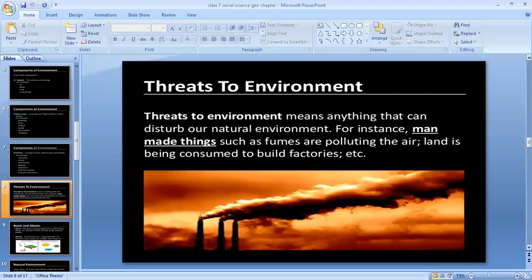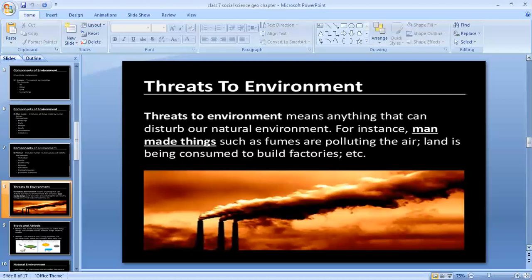Now next is threat to environment. Threat to environment means how the environment is threatened by human beings because of their activities. Threats to environment means anything that can disturb our natural environment. For example, man-made things such as fumes are polluting the air, and land is being consumed by built factories.